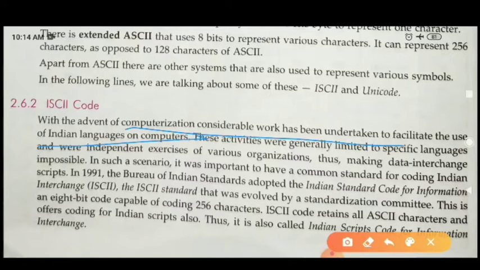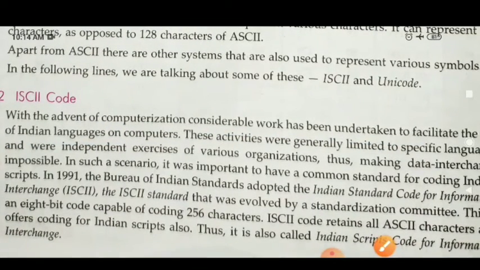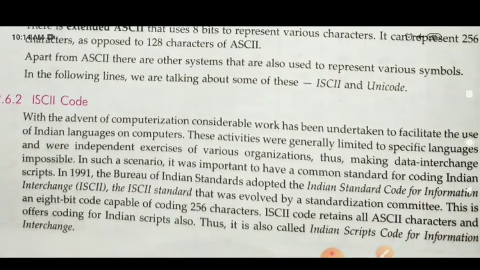These activities were generally limited to specific languages and were independent exercises of various organizations, thus making data interchange impossible. In such a scenario, it was important to have a common standard code for Indian scripts.